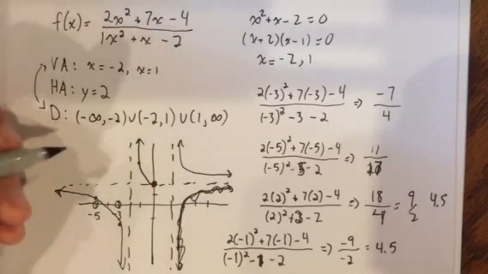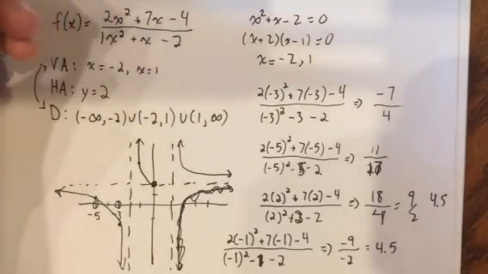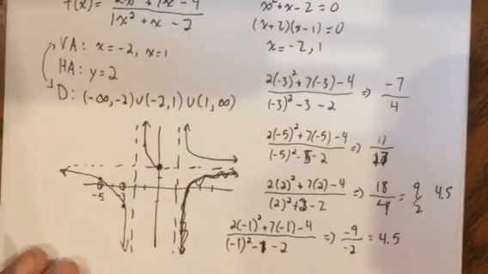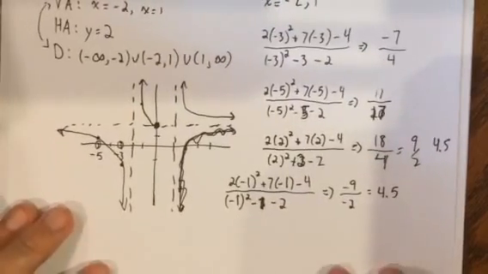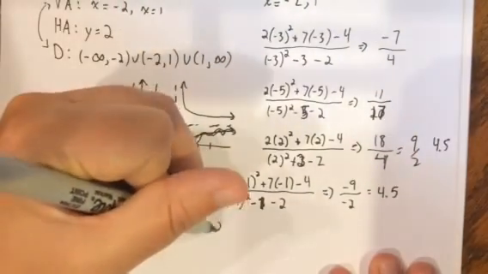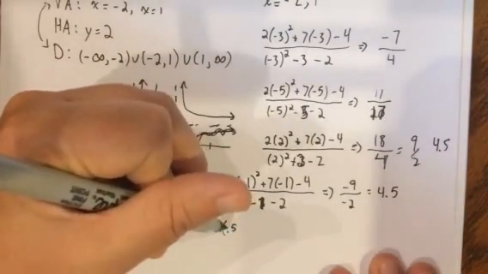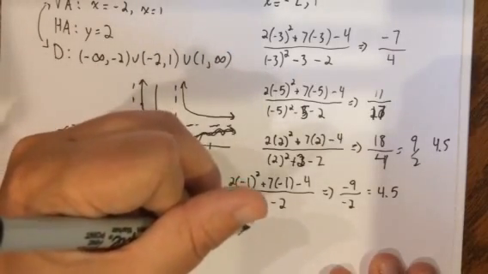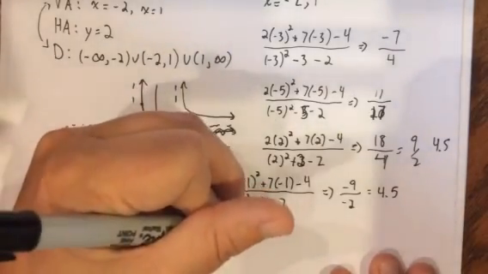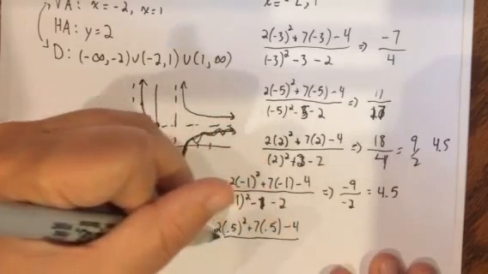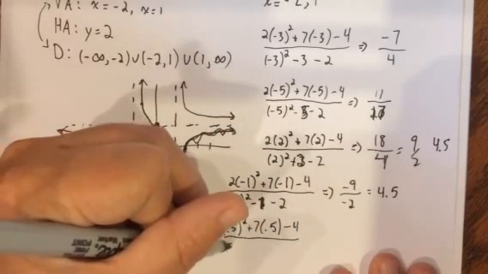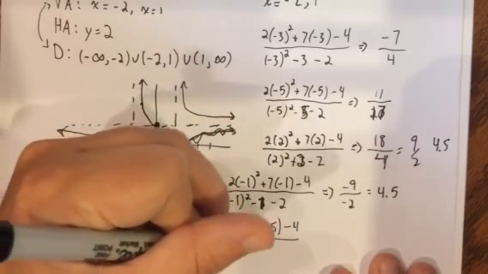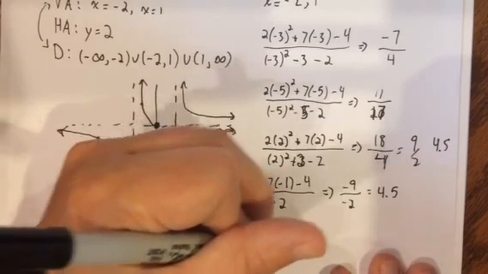So I'm going to plug in a negative 1/2. So if I plug in a negative 1/2, I guess I'll do it down here since I'm running out of space. I will get 2 times positive 1/2, 0.5 squared, plus 7 times 0.5 minus 4 over 0.5 squared minus 0.5 minus 2.